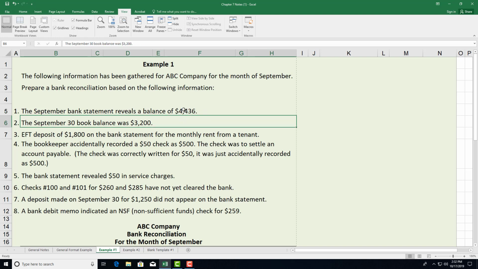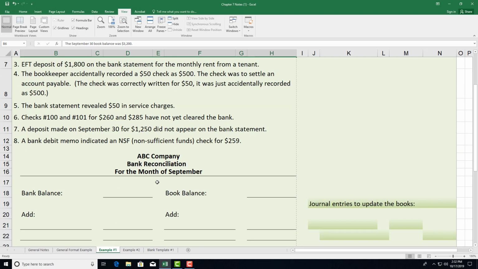And again, most of that difference is just because things are not updated on both sides at this point. So we're going to come down here in our template and fill in the bank balance, $4,436, and then the book balance, $3,200.